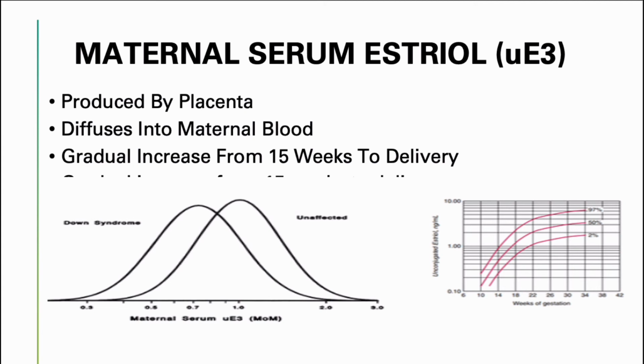When does the level start to go up? If you can see over here, about 15 weeks are relatively high, but right around the 8th week of pregnancy, they will start to rise.